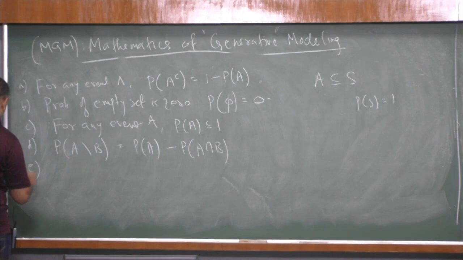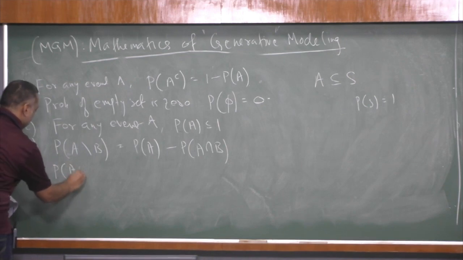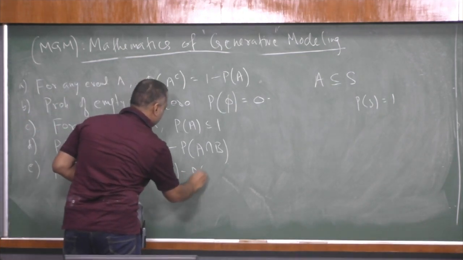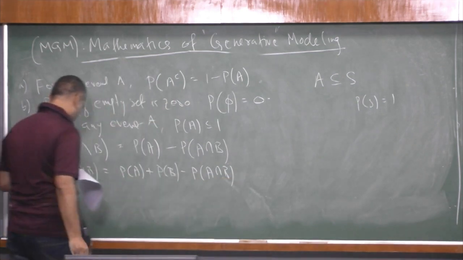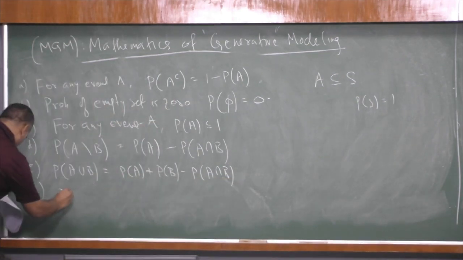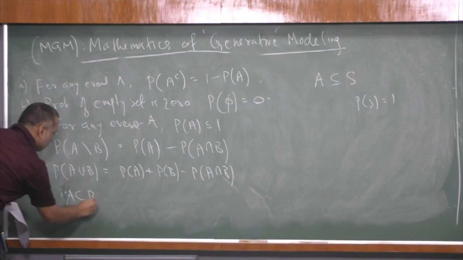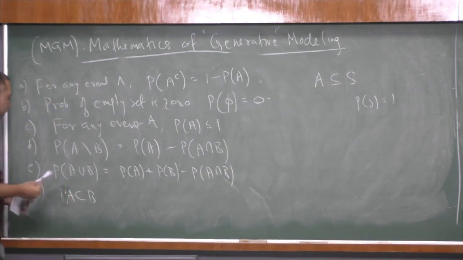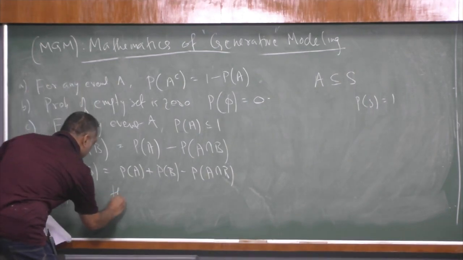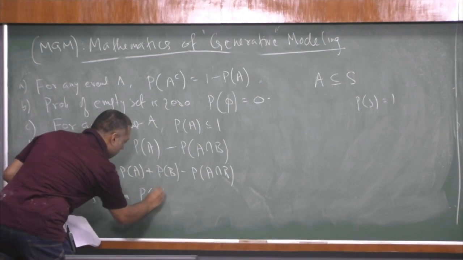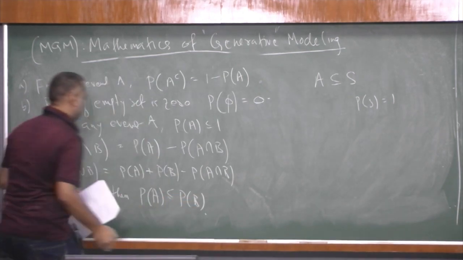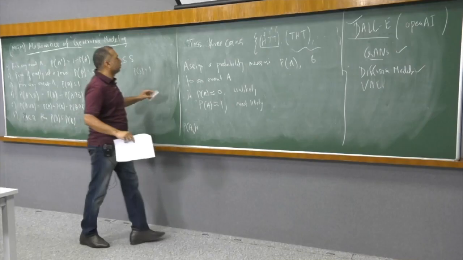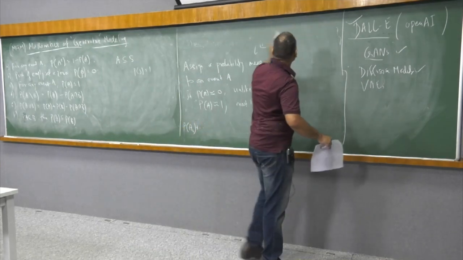So probability of A union B is probability of A plus probability of B minus probability of A intersection B. And if A is a subset of B, then probability of A is less than or equal to probability of B. The fact that I used can itself be independently proved from the axioms only, so you try this. It's good to know these things. Either you prove it or you leave it, it doesn't matter, but just remember this maybe.